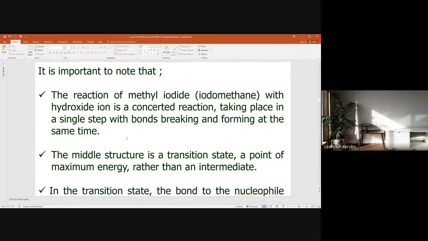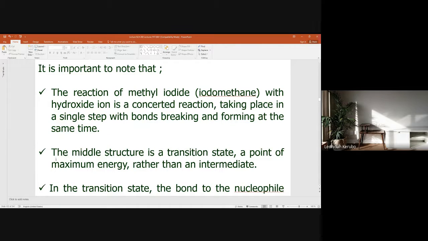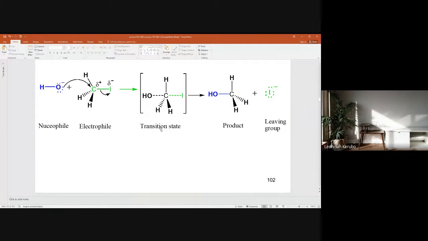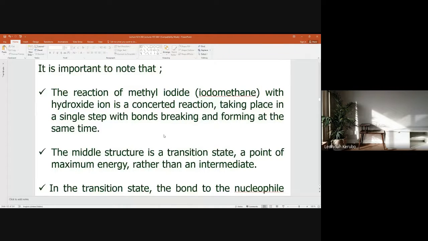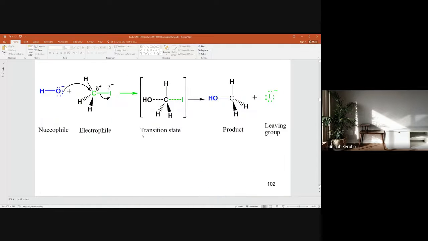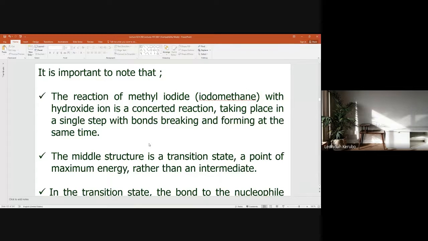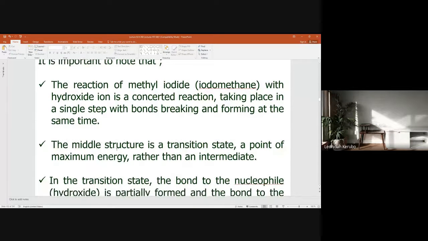That's very important to note. The middle structure is a transition state, a point of maximum energy, rather than an intermediate which can be isolated. It's a point of maximum energy because, again, we said it's very unstable.